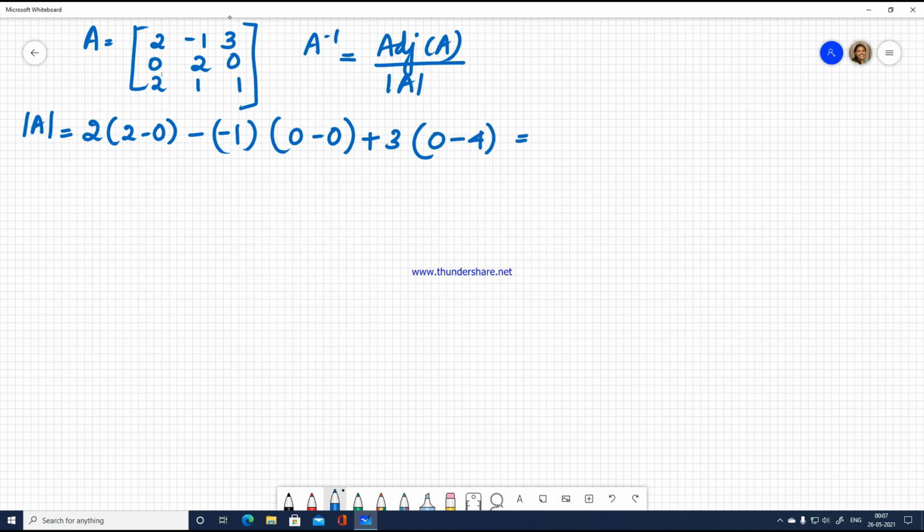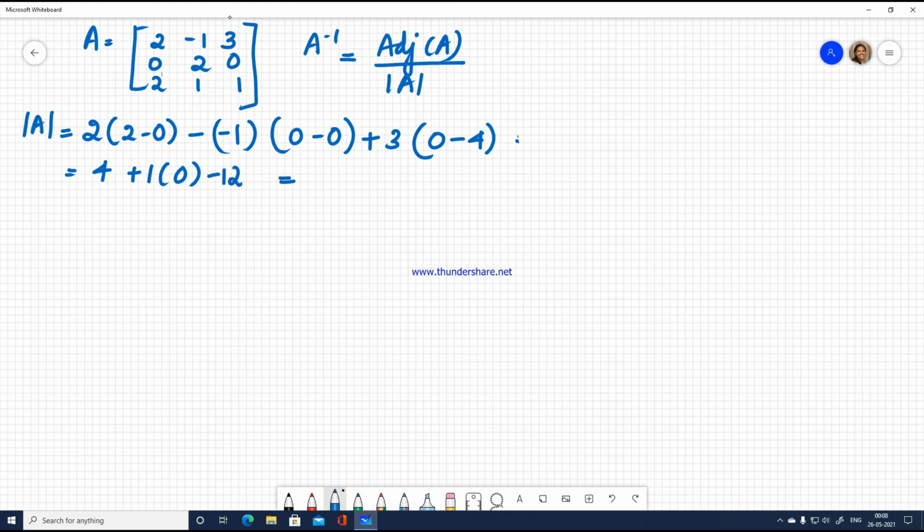So it is equal to 2 into 2 is 4, plus 1 into 0, and plus 3 into minus 4, that is minus 12.